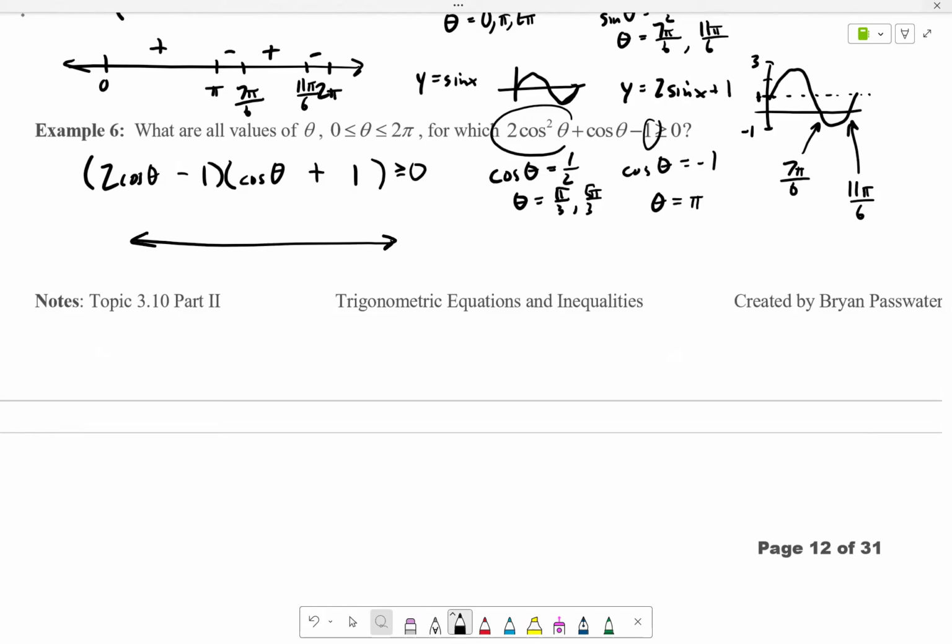Shout out to the unit circle. So in order, the first one is pi over 3, then pi. I'm just going from 0 to 2 pi. There are more solutions, of course, but I just care about the ones from 0 to 2 pi.